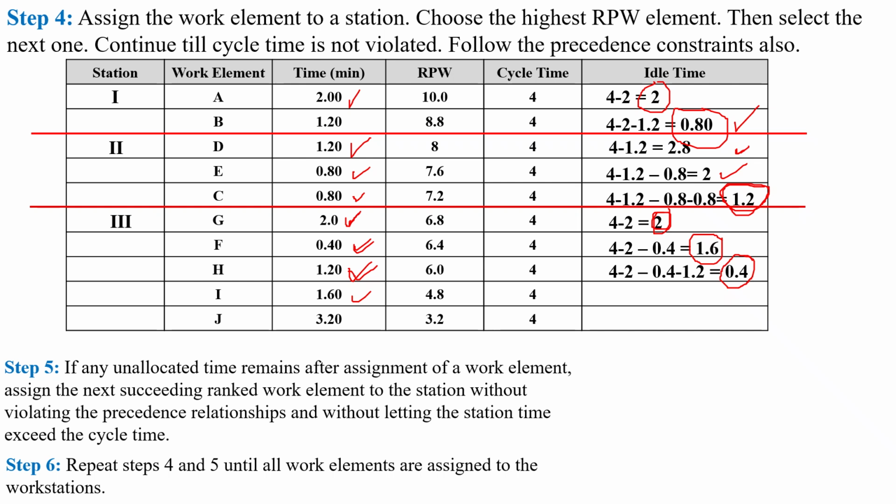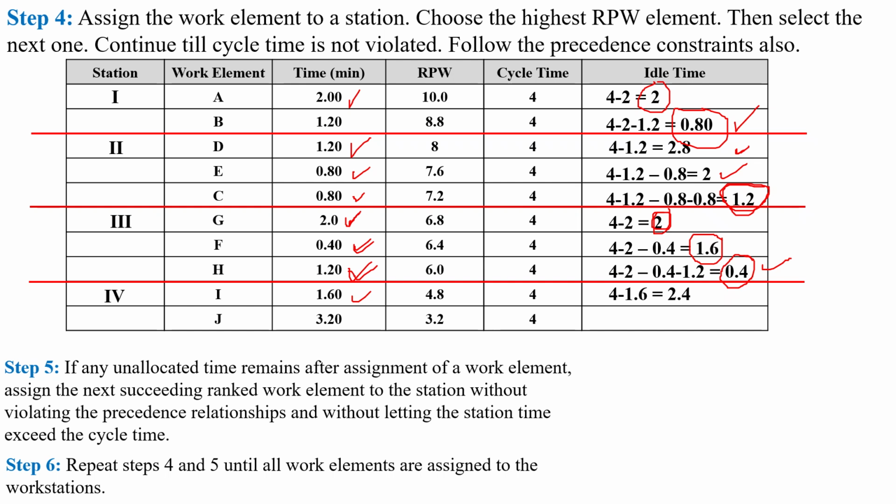So now I have to close the station 3 with work elements of G, F, H and idle time is the 0.4. So next we have to start the new station, that is the station 4 with the work element of I. So its processing time 1.6, cycle time is the 4, then idle time is the 4 minus 1.6, that is the 2.4.